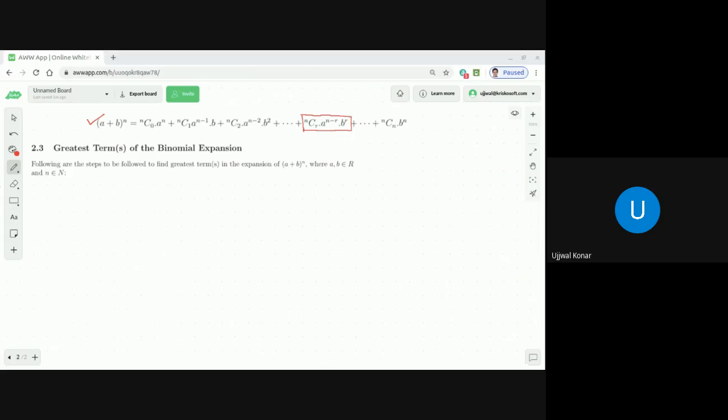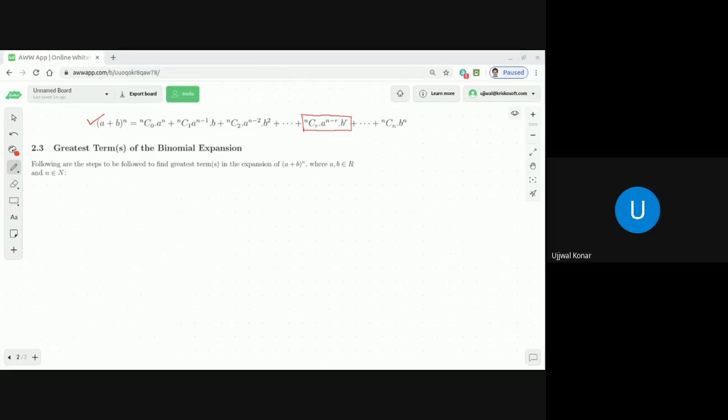The first step you should follow, dear student, is that you need to express that (a plus b) power n in a little different form. Let me show you what is that.